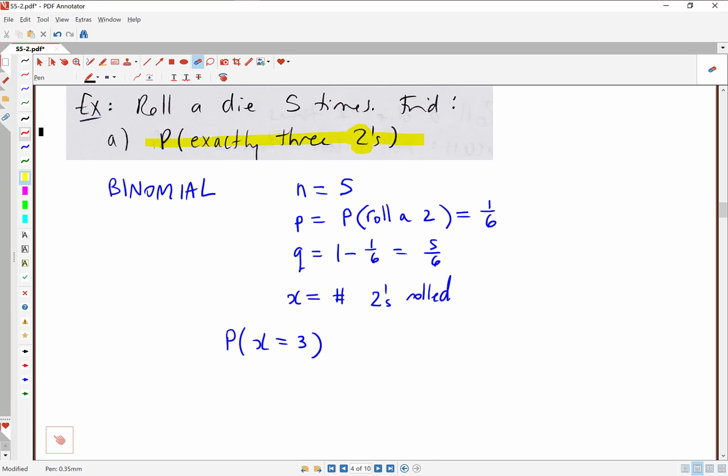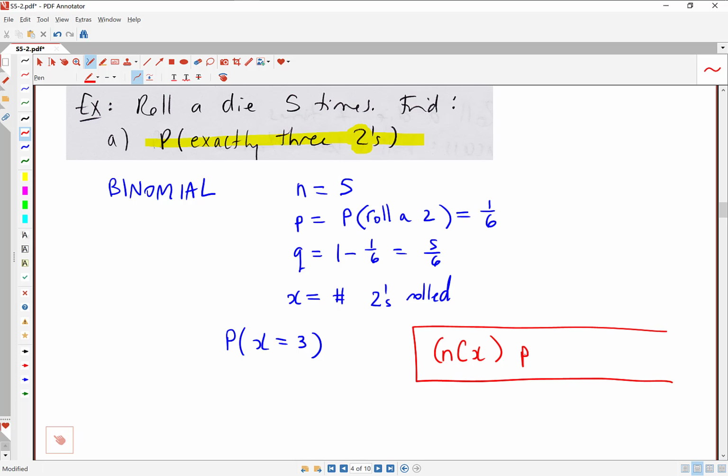And to do that, we're going to use the formula that we just talked about a minute ago. So I think I'll write that down on the side of the screen here. The formula for these binomial problems is NCX. I'm going to put that in brackets. NCX times P to the X times Q to the N minus X. So that's the formula that we're going to be plugging into.